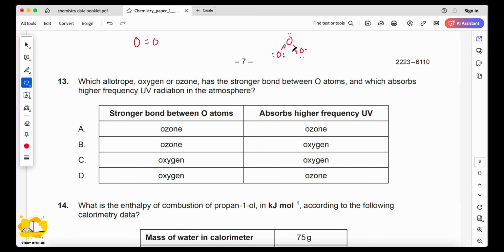So ozone experiences a delocalized structure, so it's weaker compared to oxygen. And also the length of the bond, it has a double bond and then a single bond as well. So definitely oxygen is stronger compared to ozone. It has the highest energy and frequency because energy is directly proportional to the frequency.